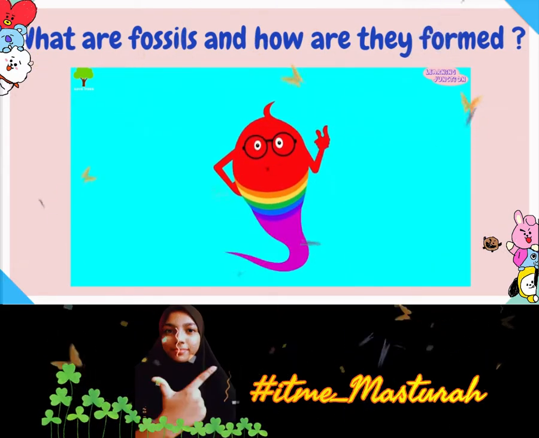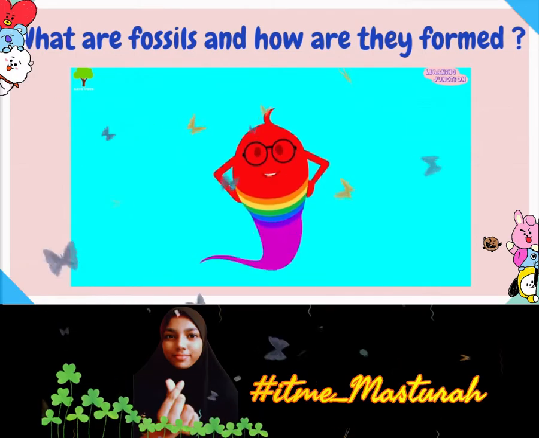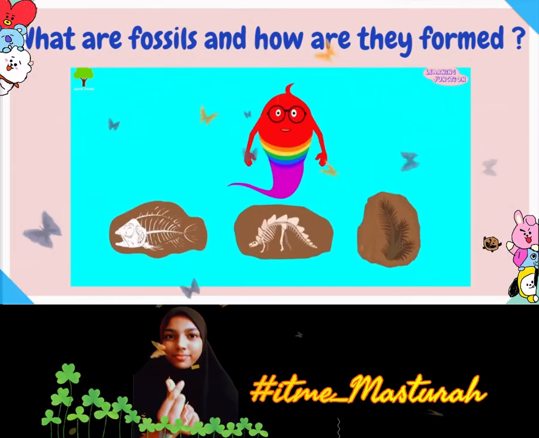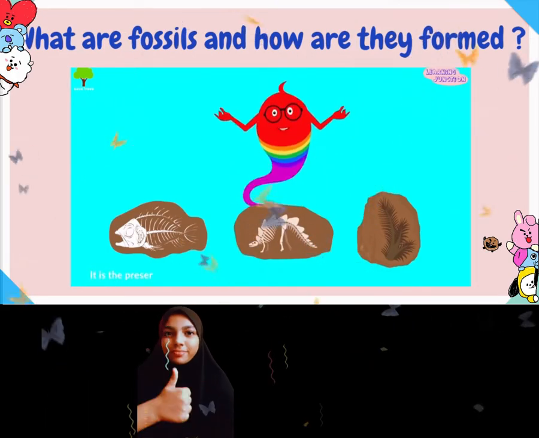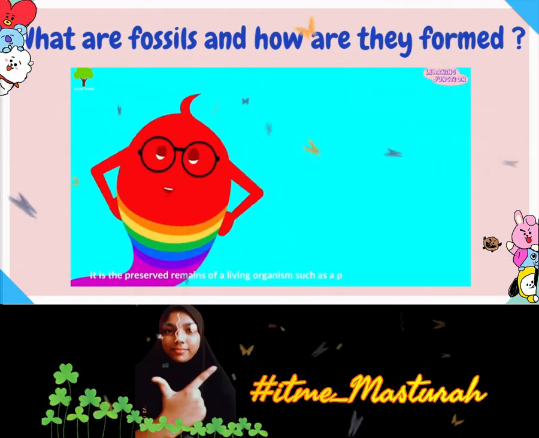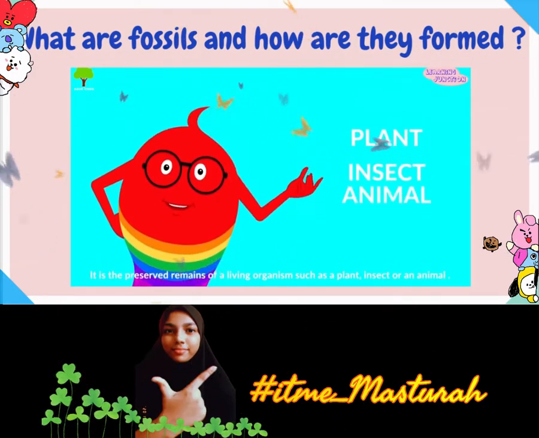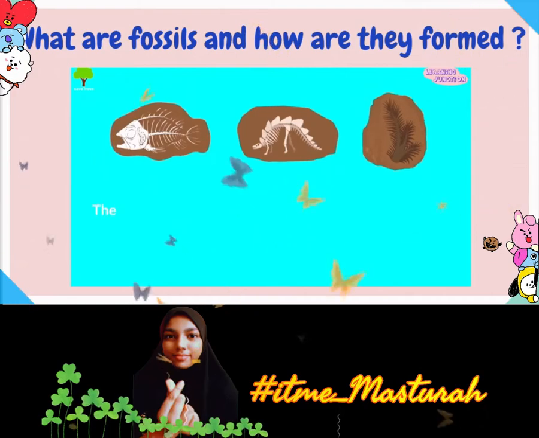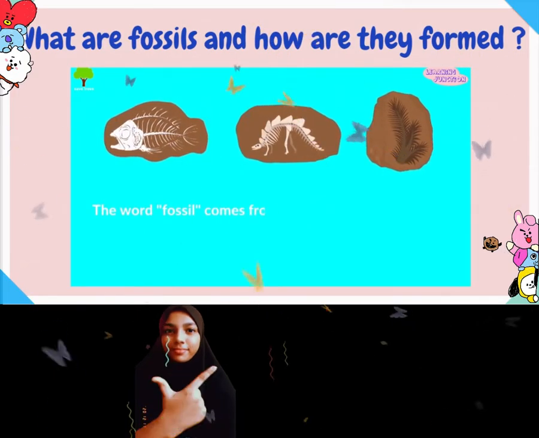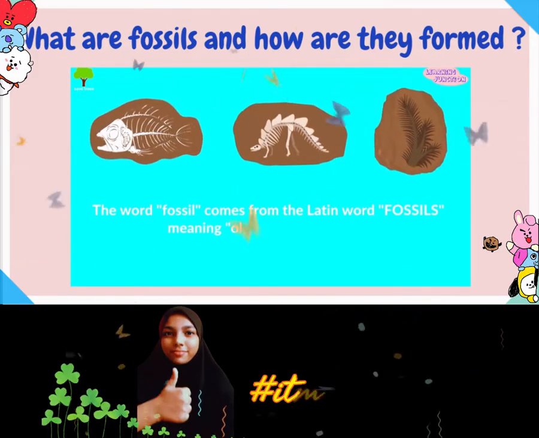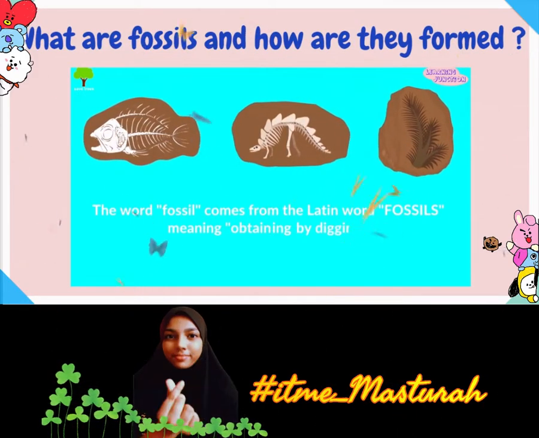Fossil is the word we use to describe a wide range of natural artifacts. It is the preserved remains of a living organism, such as a plant, insect, or an animal. The word fossil comes from the Latin word fossilis, meaning obtained by digging.